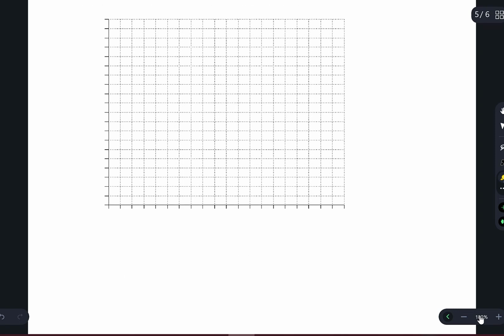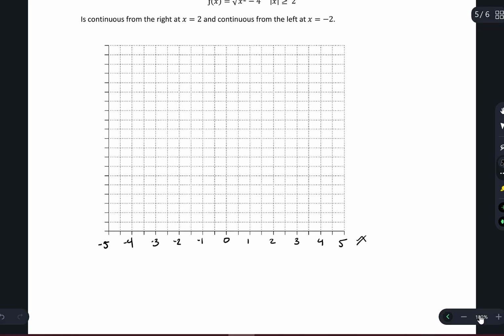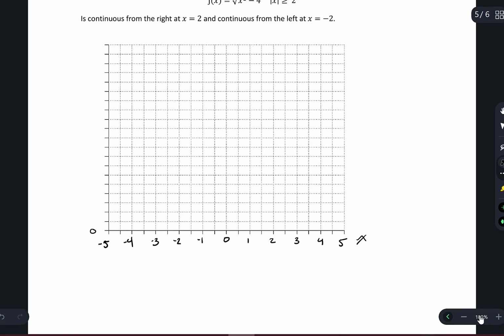To plot this function, I'm going to start out on the x-axis with negative 5, and for every 2 ticks, I'm going to go up by 1. And then along the y-axis, I'm going to start at 0, and then for every 2 ticks, I'm going to go up by 1.